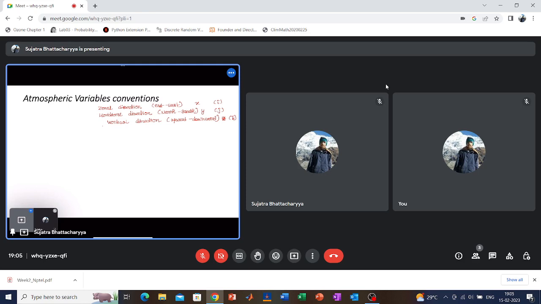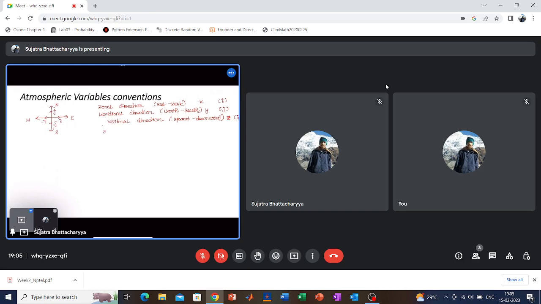So let's draw a figure first. For the horizontal only I am drawing now, then I will tell about the vertical. So this is the north, this is south, this is east, this is west. This is your plus i cap, this is your minus i cap. This is your plus j cap, this is your minus j cap. So what does it imply?